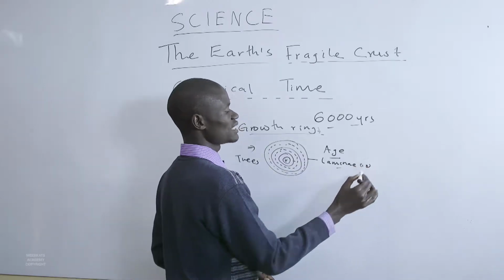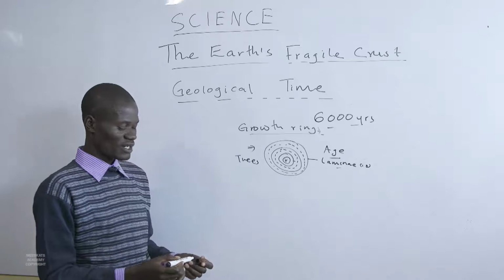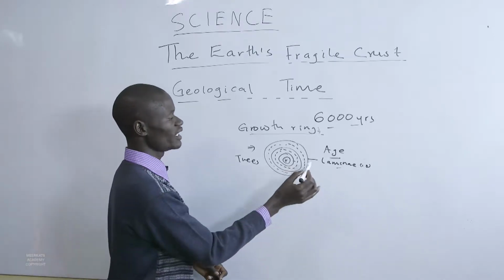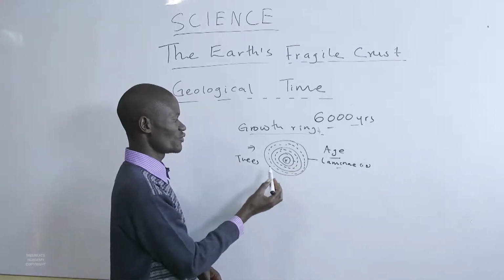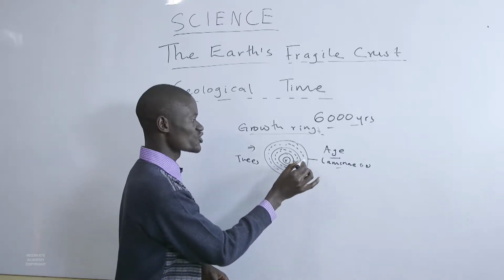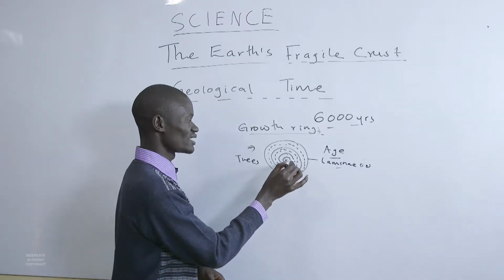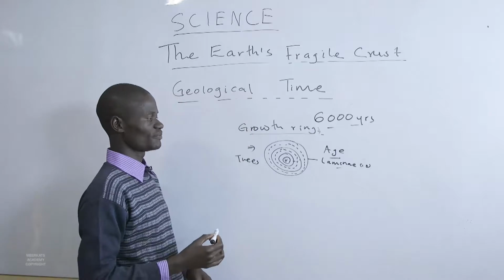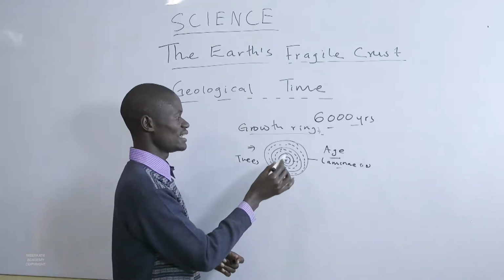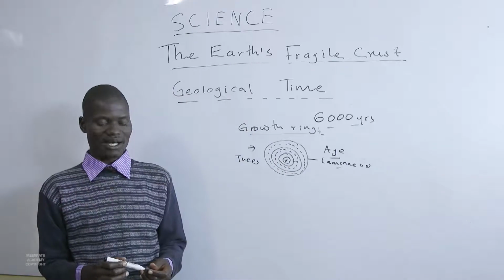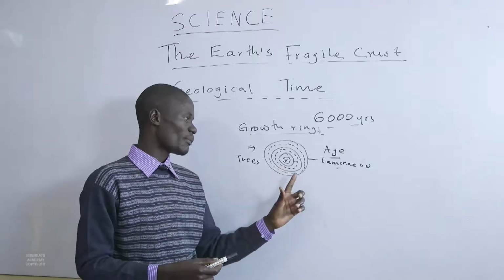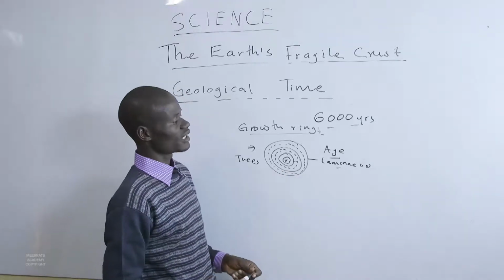For example, a ring may form after a period of 10 years. Therefore, if you want to determine the age of this tree, we can count these rings up to the first one. And as you go, the inner rings become thicker and thicker, giving a precise age.